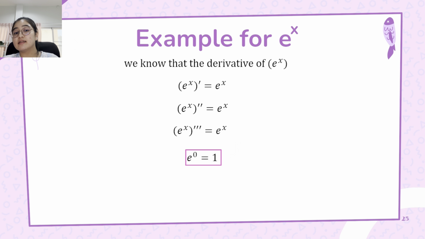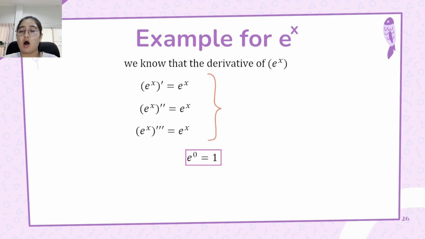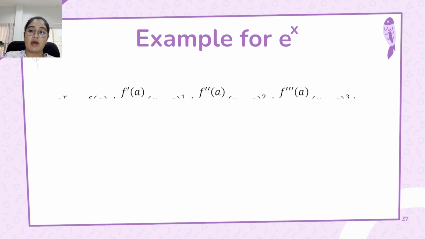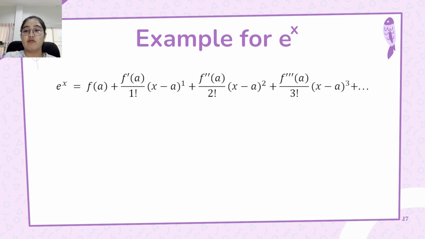So this is the expansion of the function. It will look like the Taylor series, but everywhere we have a, we plug in 0. And this is the formula of the Maclaurin series.